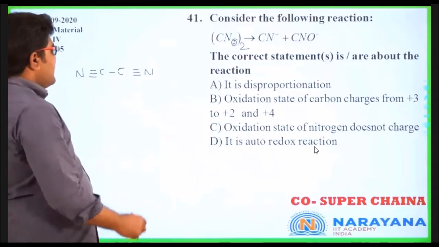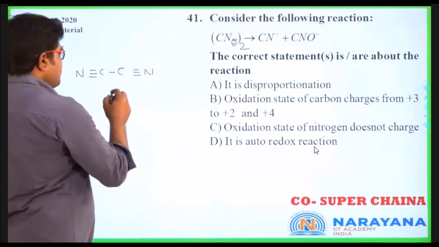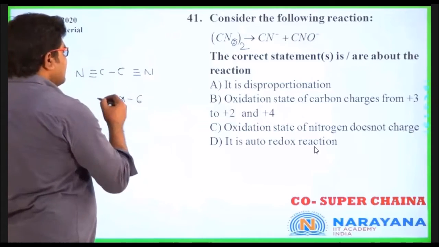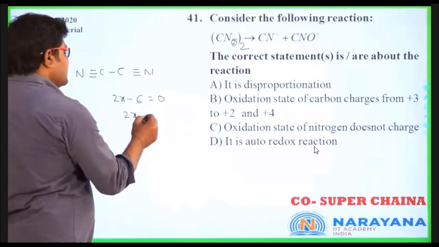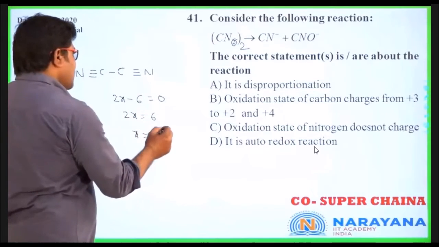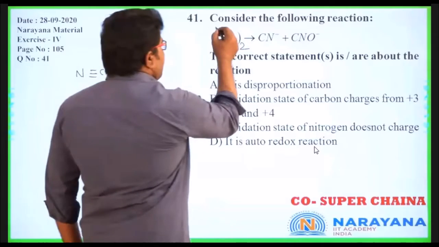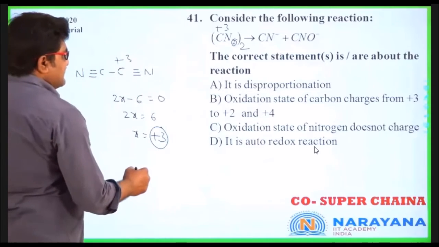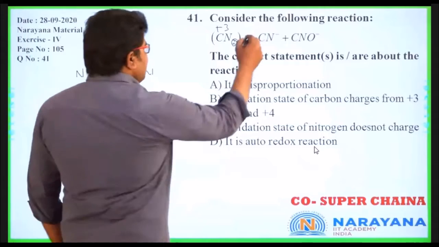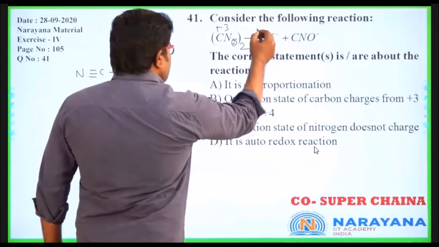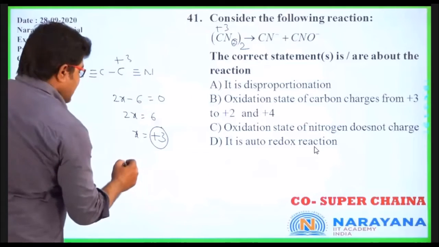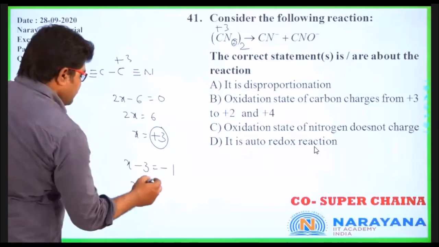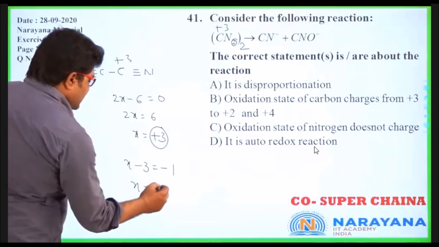Now here the oxidation number of carbon is x: 2x minus 6 is equal to 0, 2x is equal to 6, x is equal to plus 3. Here plus 3 is there. And in CN minus, x minus 3 is equal to minus 1, x is equal to plus 2.